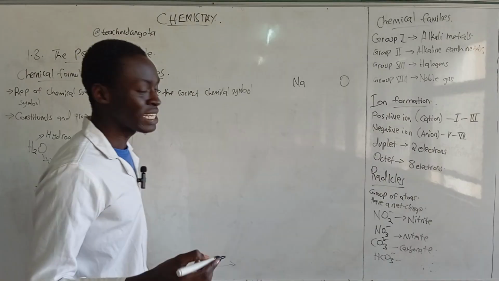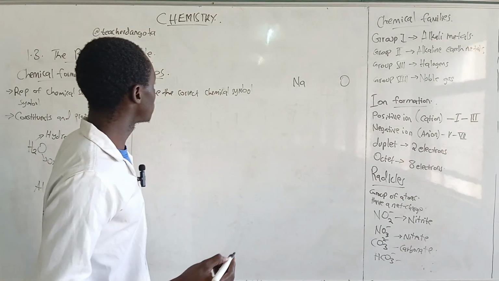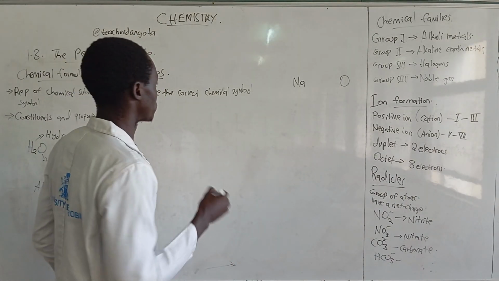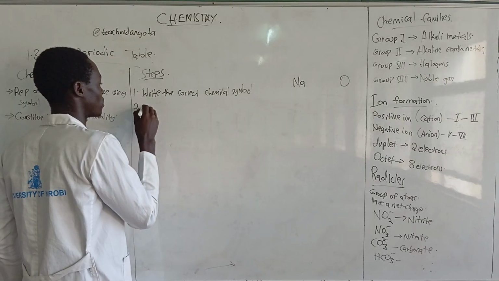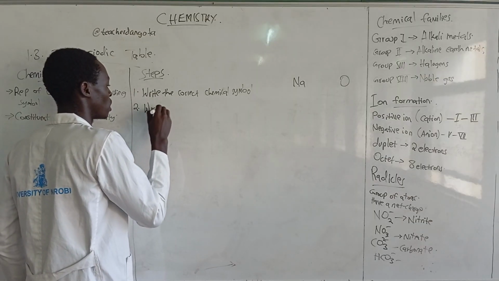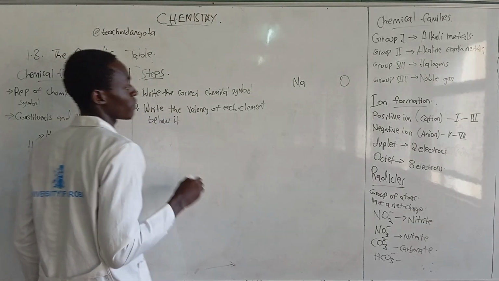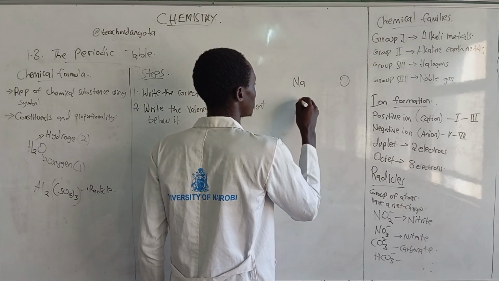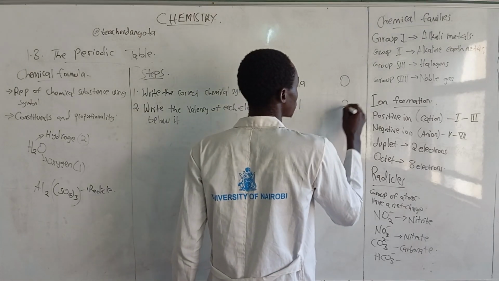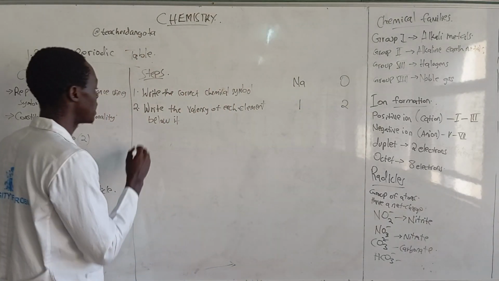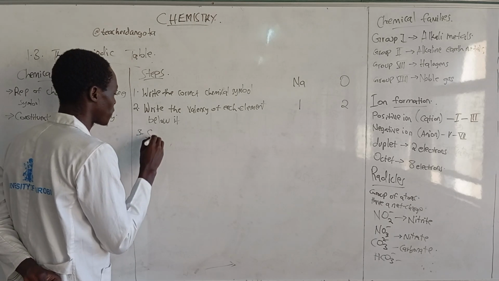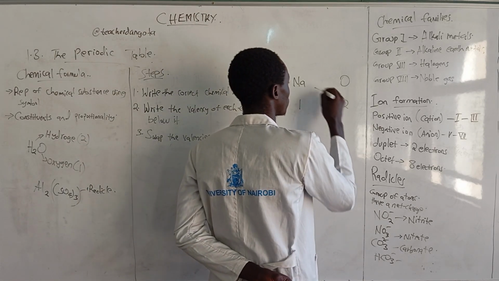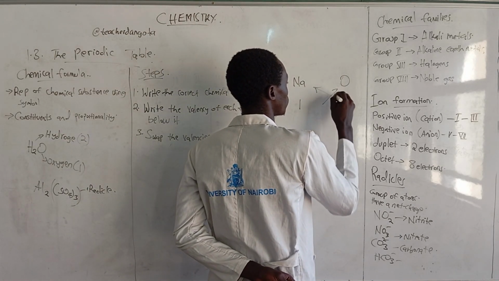Number two, write the valency of each element underneath. Sodium has a valency of 1, oxygen has 2. Number three, swap the valency. This one goes this way, this one goes this way.